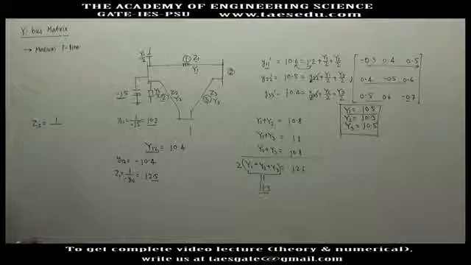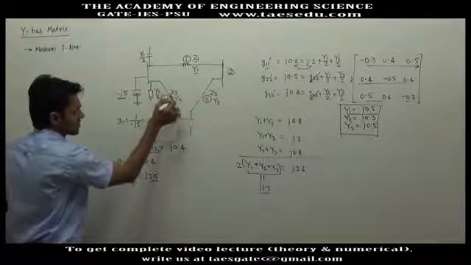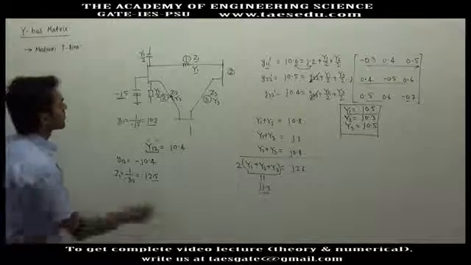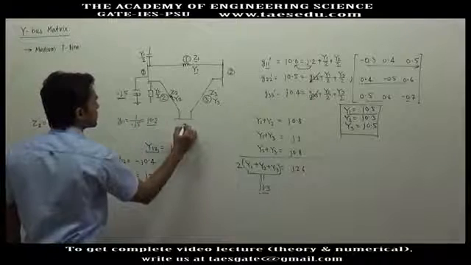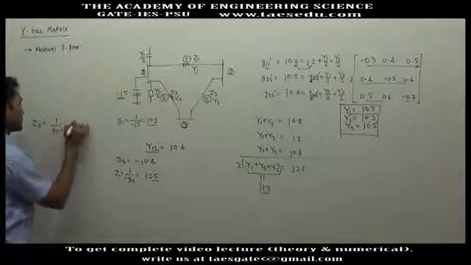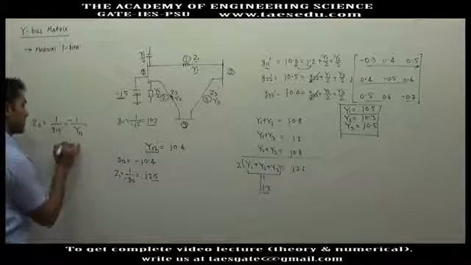Similarly, Z2 will be the series part of the second transmission line. For this part, we will use bus 1 and bus 3. We will use y13, and this is nothing but minus of capital Y13.